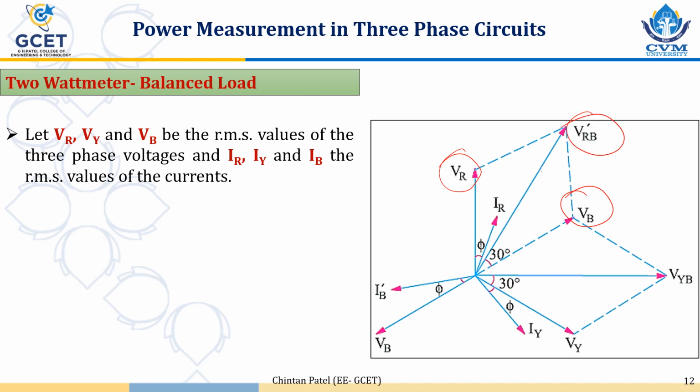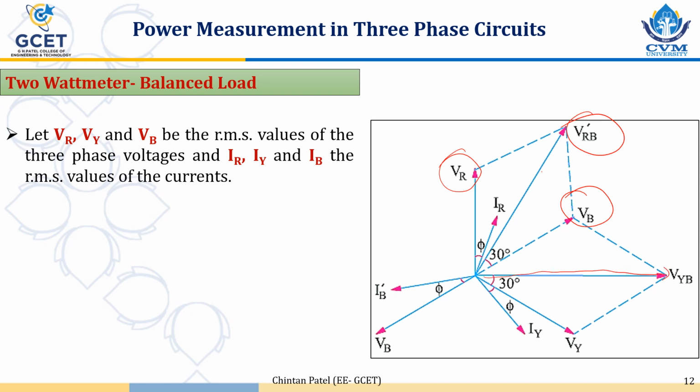This is line voltage. Similarly, for the other line voltage where wattmeter 2 is connected between phases Y and B, it is VY minus VB. So we will get VYB. This is another line voltage measured by W2.